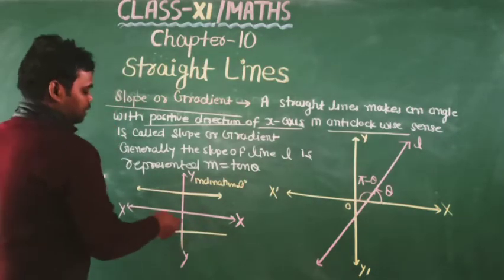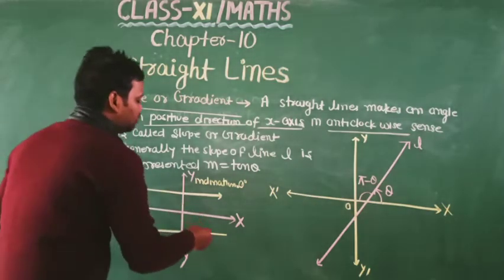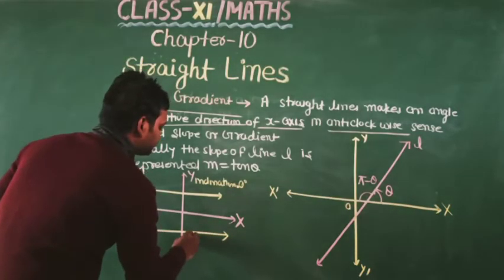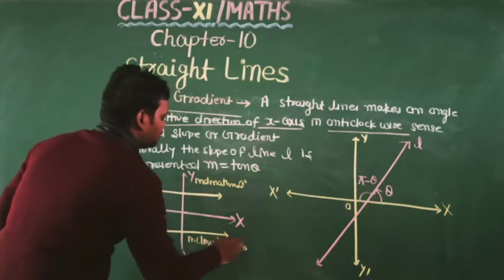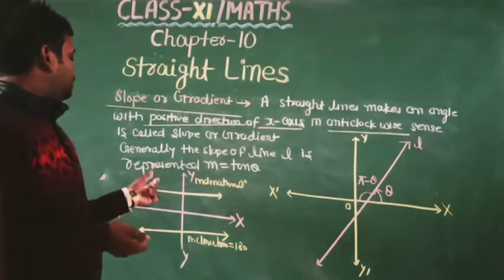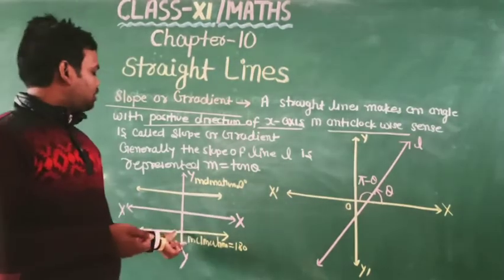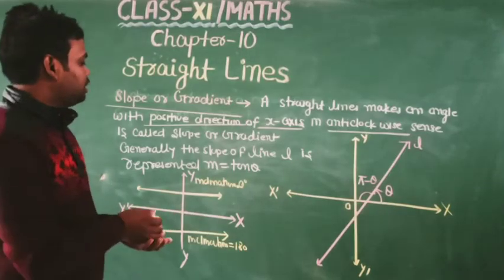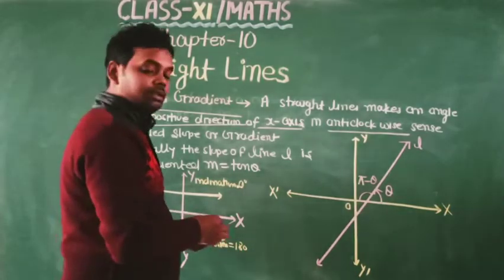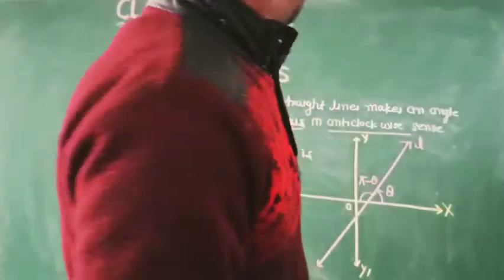So when a line is parallel to x-axis or lies on it, the angle between them is 0 degree.